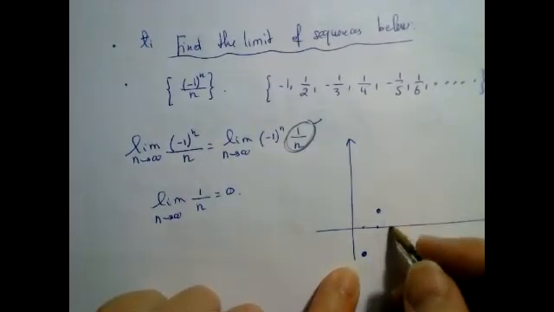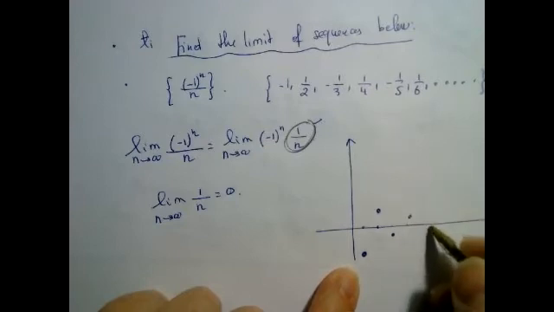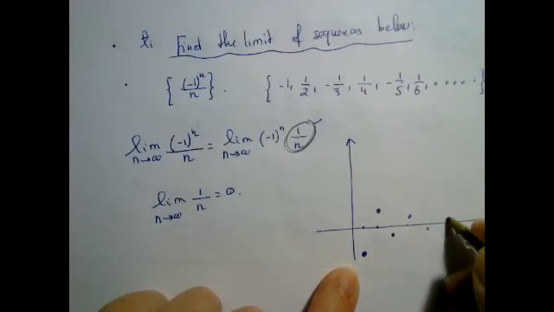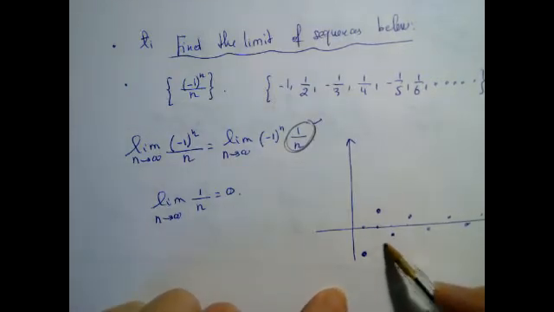If we graph them, at 3 I am at minus a third. At 4, I am at 1/4, then a fifth, and then a sixth. As you realize, from both sides, from the negative and the positive, the terms are getting closer and closer to 0.